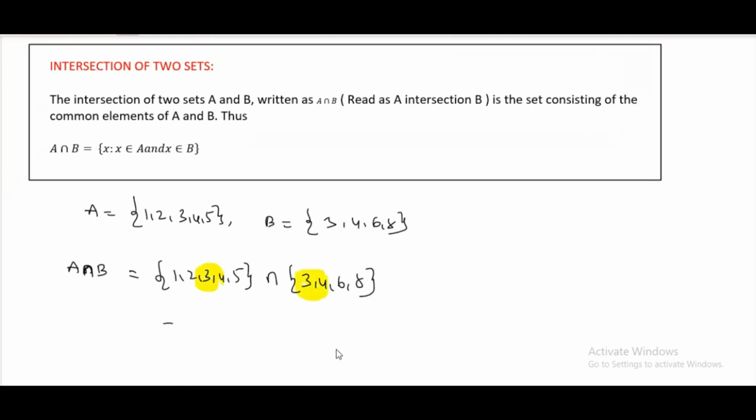So if you take 3, 4 as one set, this is called the intersection of A and B.